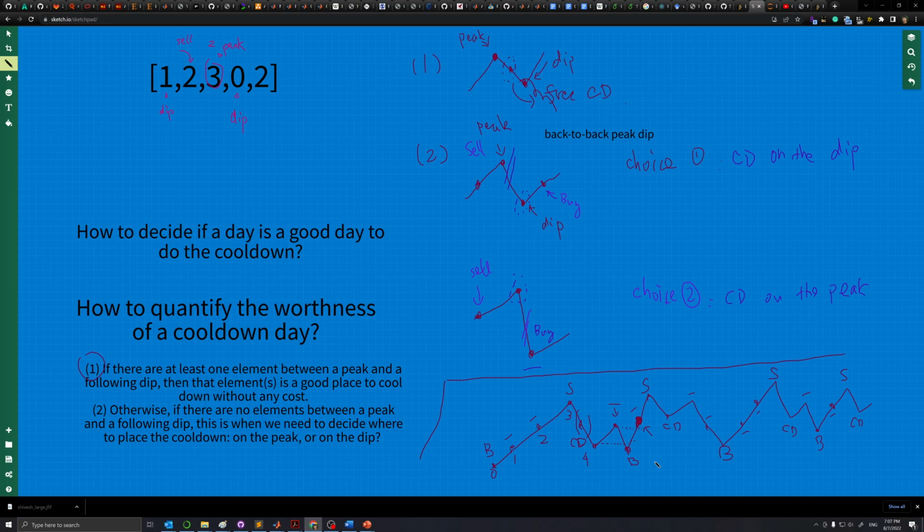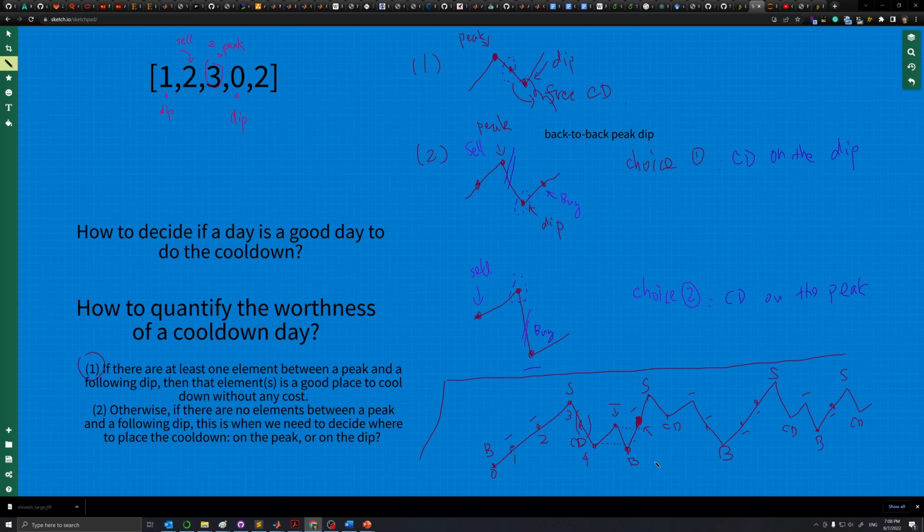If we cannot decide which days to cool down, then we cannot break them down into subproblems. But if we know which days to cool down, then we can break the problem into compartments, into sections, into smaller arrays.